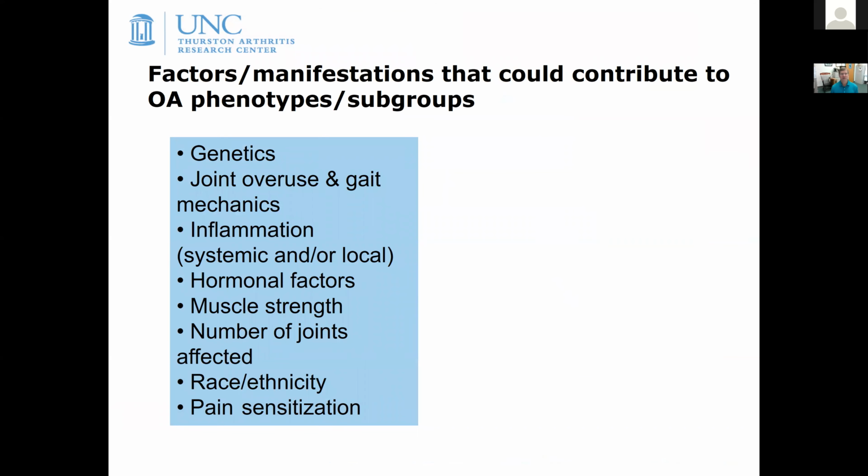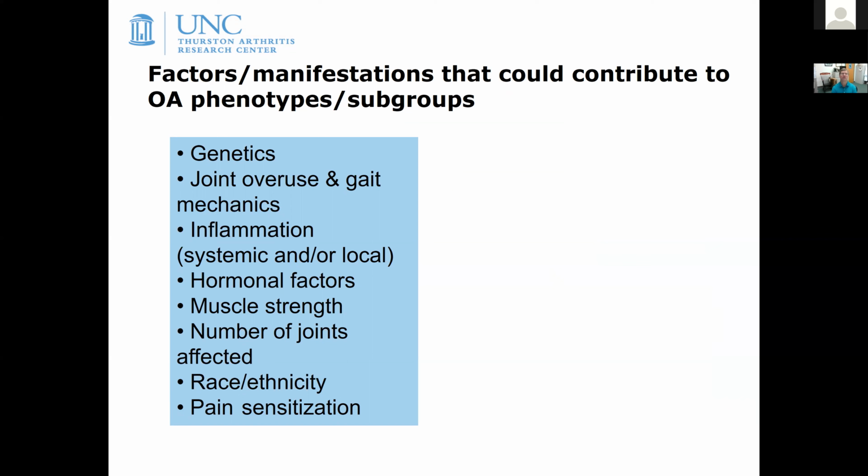So in terms of coming up with particular phenotypes or subgroups in osteoarthritis, there are a whole host of different factors or manifestations that would need to be considered. And all of these are related to either risk factors for OA or things that occur as osteoarthritis develops and progresses.